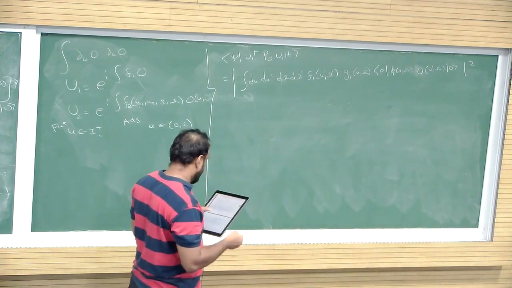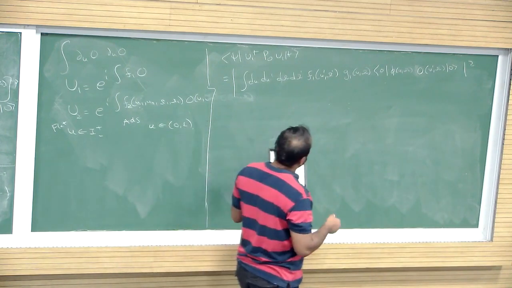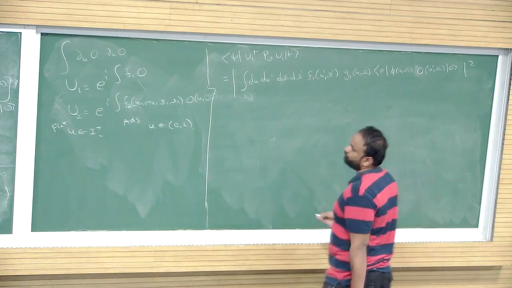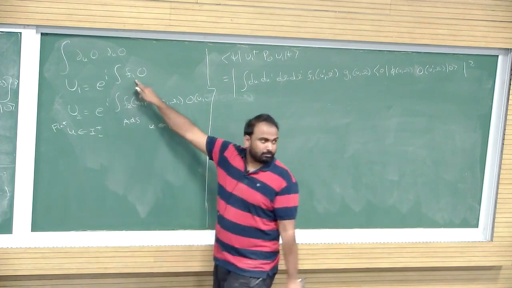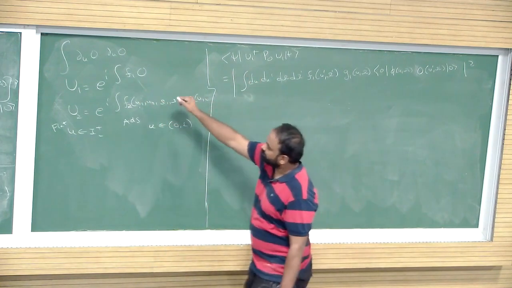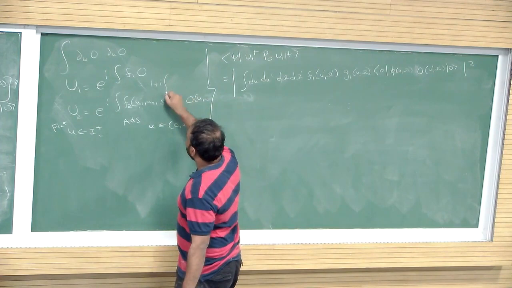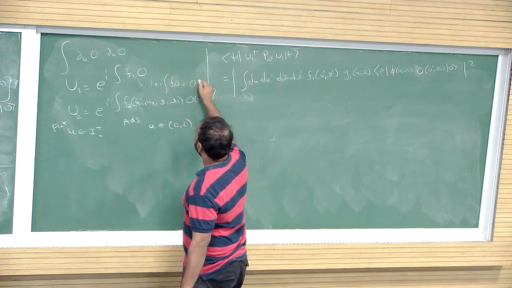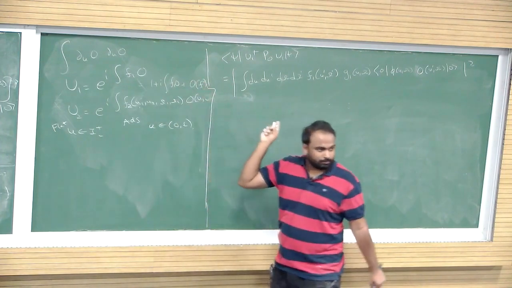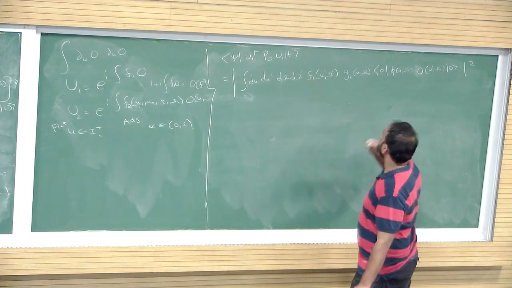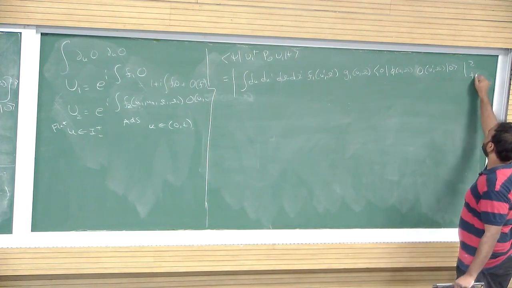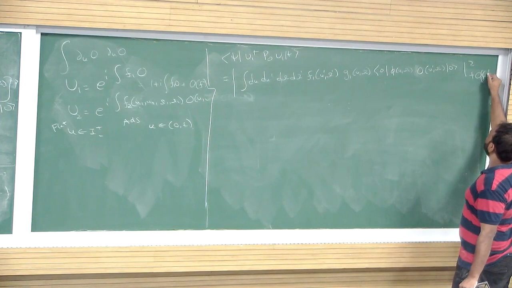This is something you can get by just expanding up to order f. These u's have f in them, so I can expand this unitary as 1 plus i f1 o plus order f squared and so on. I compute this up to the lowest order in f, so this will be valid up to order f cube.